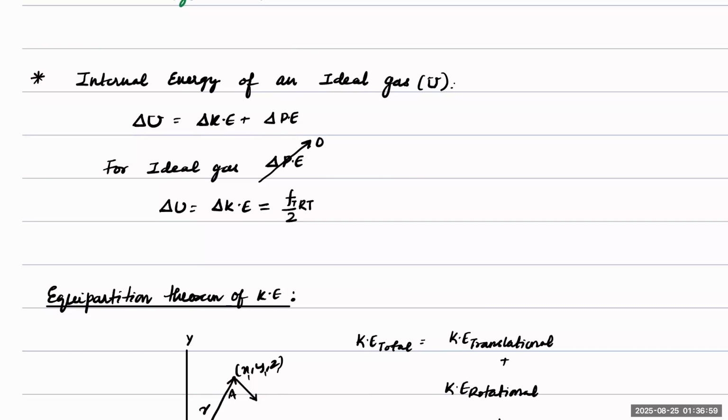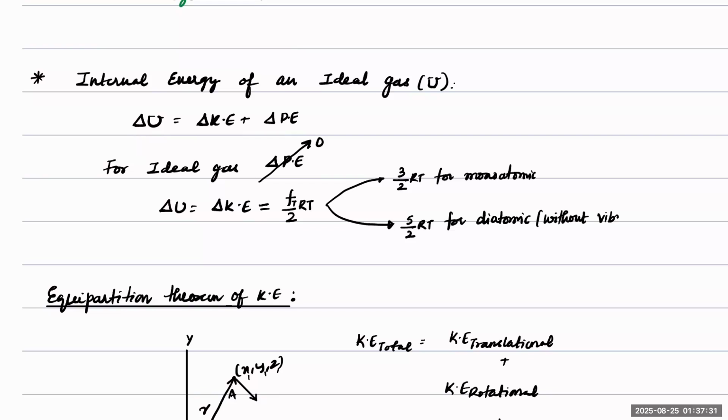So in that case, this will be equal to 3 by 2 RT for monoatomic. And then let's say 5 by 2 RT for diatomic, without active vibrations.